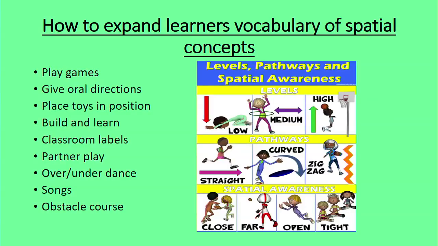Partner play, like they chase each other and the one stands behind the other one, in front of. That is partner play. I do over and under dance over the chair, under my arm. I sing some songs like Father Abram had many sons, left arm, right arm, all those kind of things. And I do an obstacle course where they have to climb over obstacles.